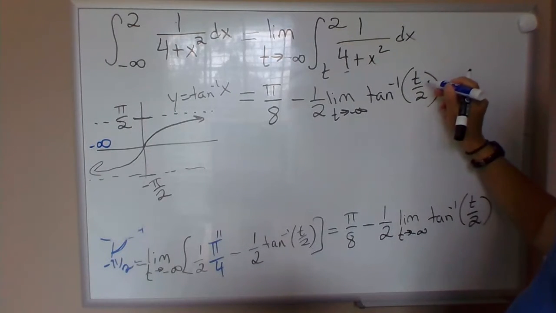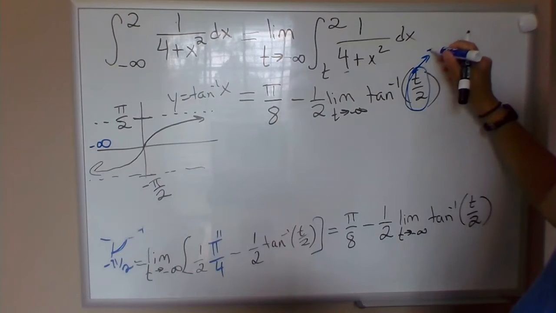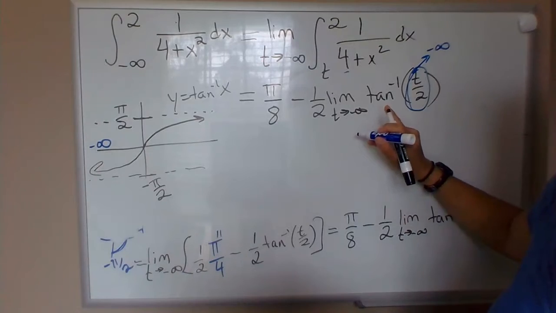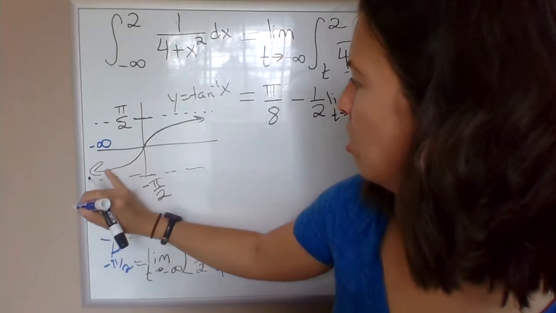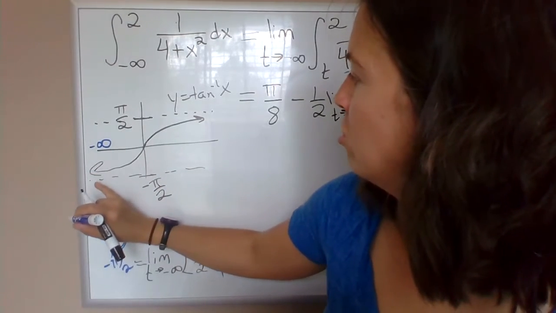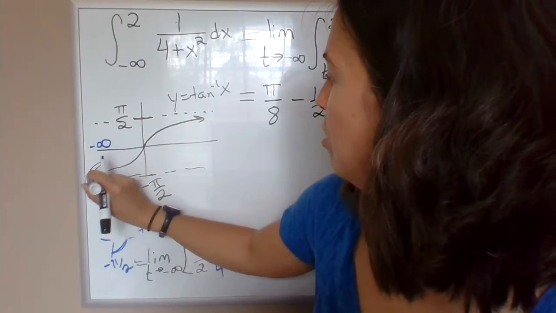The limit as t approaches negative infinity, the negative infinity divided by 2, this is just approaching negative infinity. It's decreasing without bound. And so what we need to think about is inverse tangent of negative infinity. So as the argument approaches negative infinity, the value of inverse tangent approaches this asymptote at negative pi over 2.